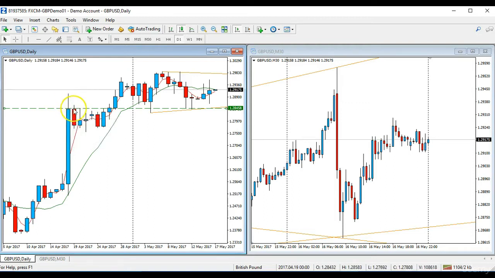This candle opened there, and then the next daily candle tried to go through it and couldn't, and it didn't actually go through until days later. Because we see all these candles moving sideways, not able to go through this level, we know that this is a resistance level.